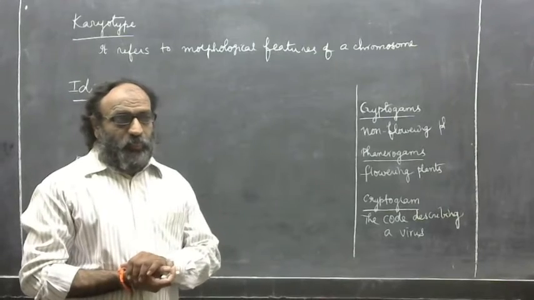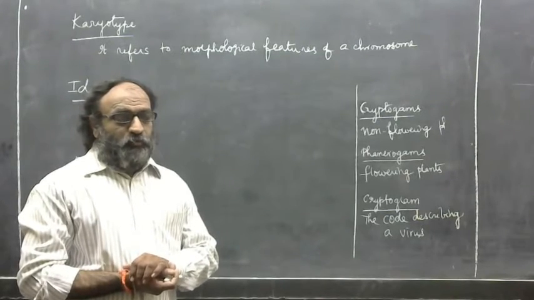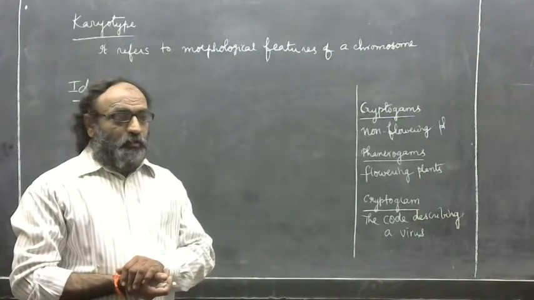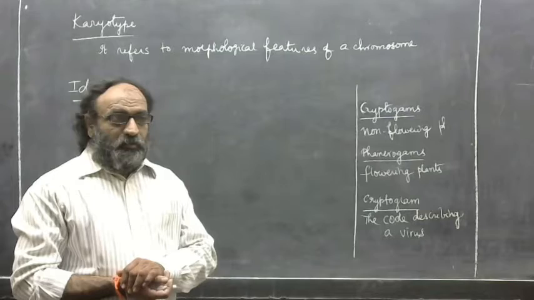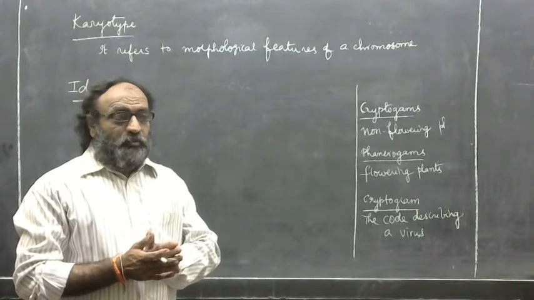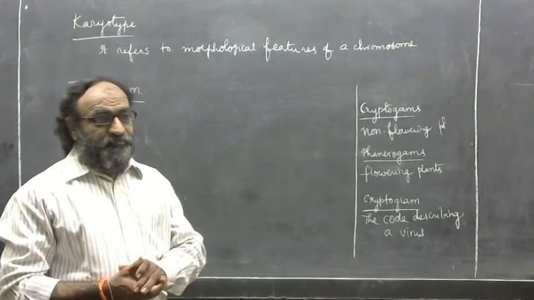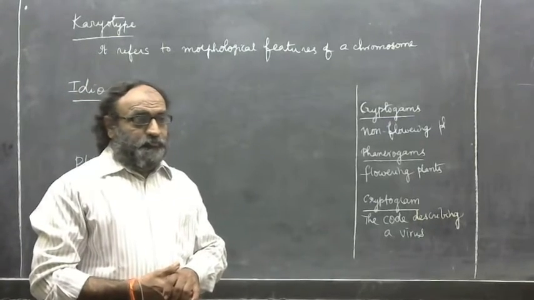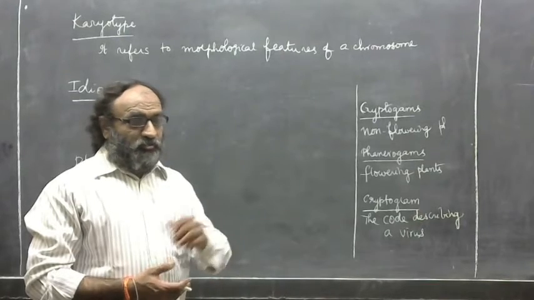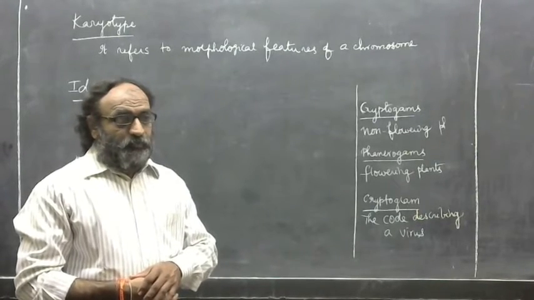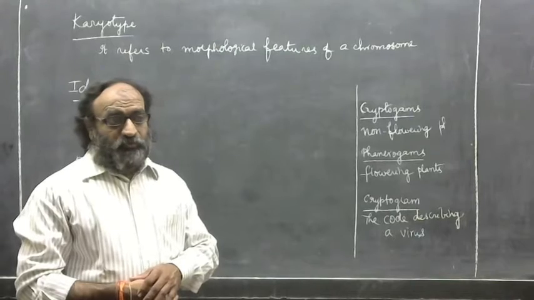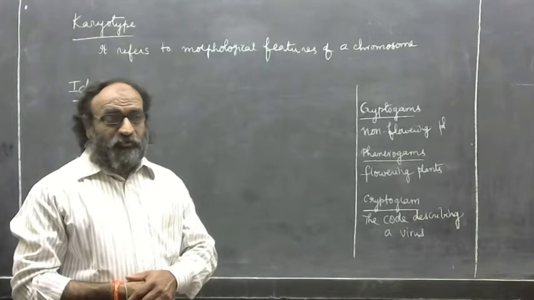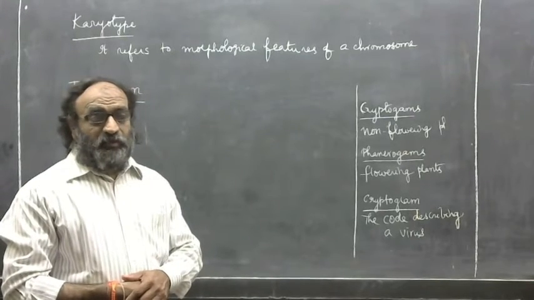Suppose I say the chromosome has a centromere at the center and its chromatids are of equal size. Then it is its karyotype. That means I am speaking about the metacentric chromosome, which is V-shaped.